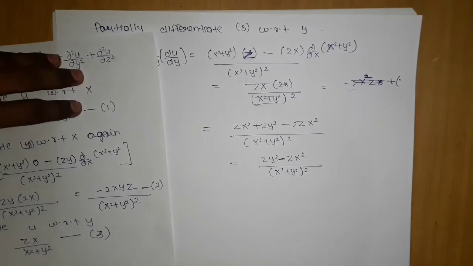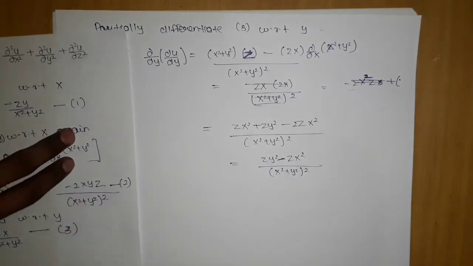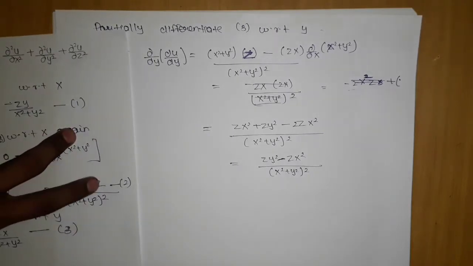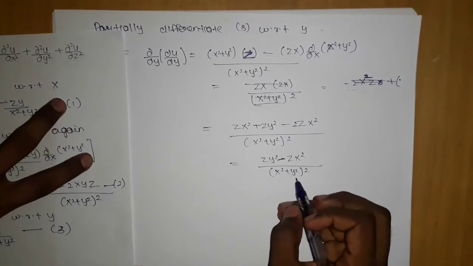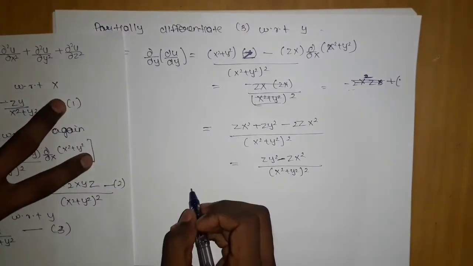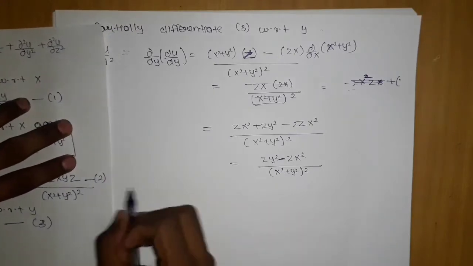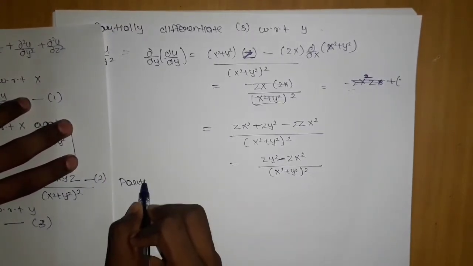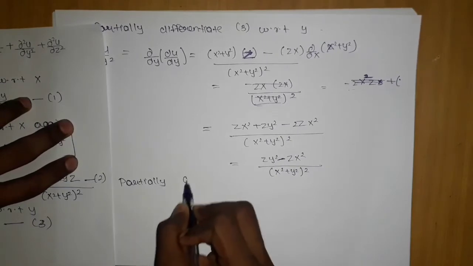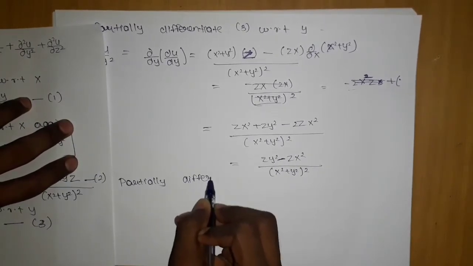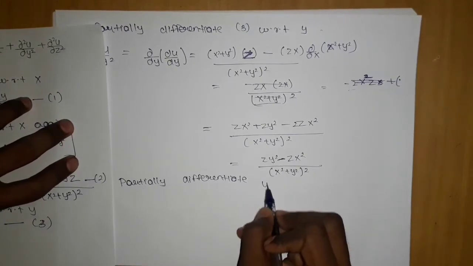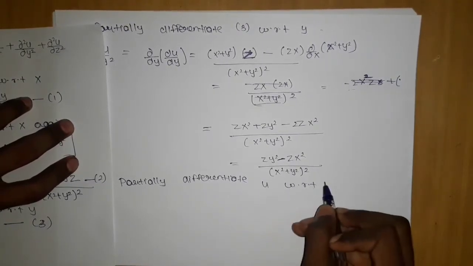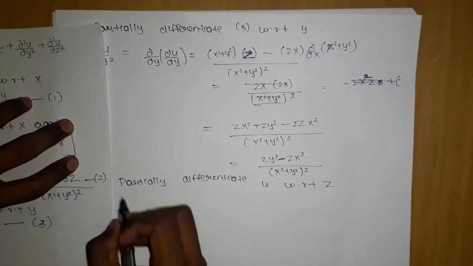Now what we can do in this problem is that the last thing which we need to find out is dou square u by dou z square. So partially differentiate u with respect to z. What are we going to get?